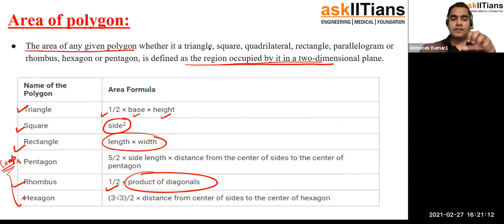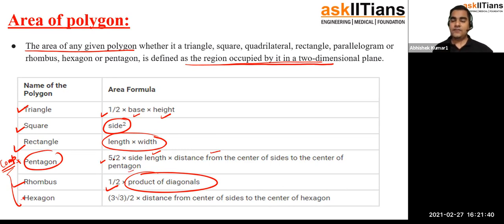We can always divide, be it a pentagon or hexagon, into a number of figures, and we can calculate the area of those figures, add them, and you will easily get the area of the pentagon or hexagon given to you. The area of a pentagon is given by 5 by 2 into the length of its side multiplied by the distance from the center of the sides to the center of the pentagon.